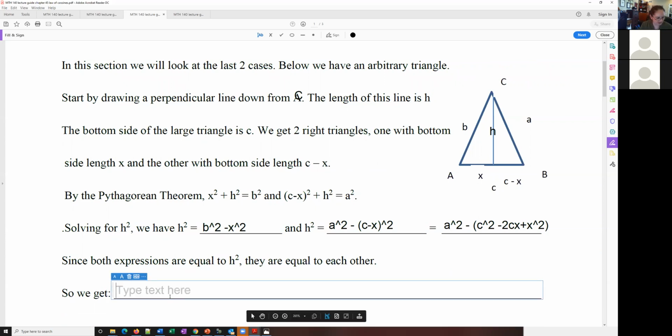So that's going to give us b squared minus x squared will be equal to a squared, and I'm going to get rid of the parentheses, so I have minus c squared plus 2cx minus x squared.